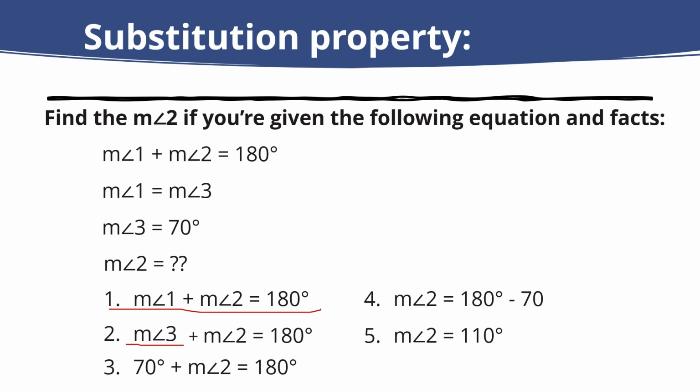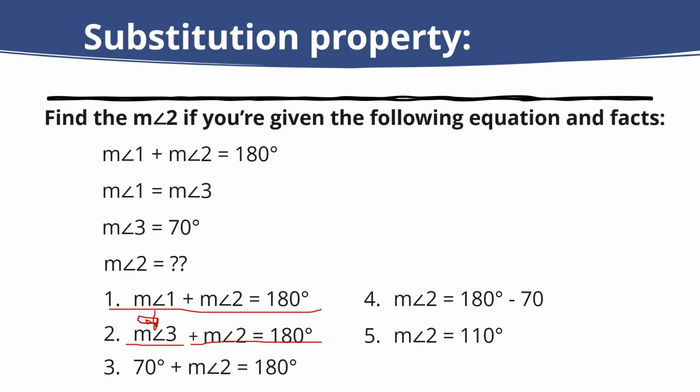So this measure of angle 1, we're going to replace it with the measure of angle 3 below. The rest of the equation stays the same. So we have the measure of angle 3 plus the measure of angle 2 equals 180 degrees.